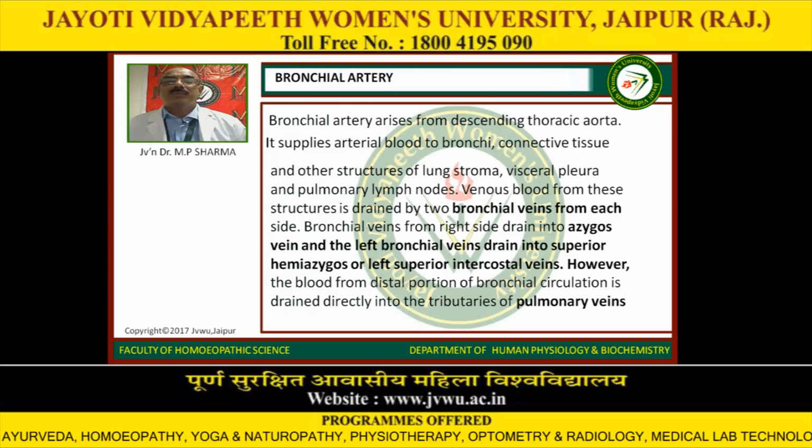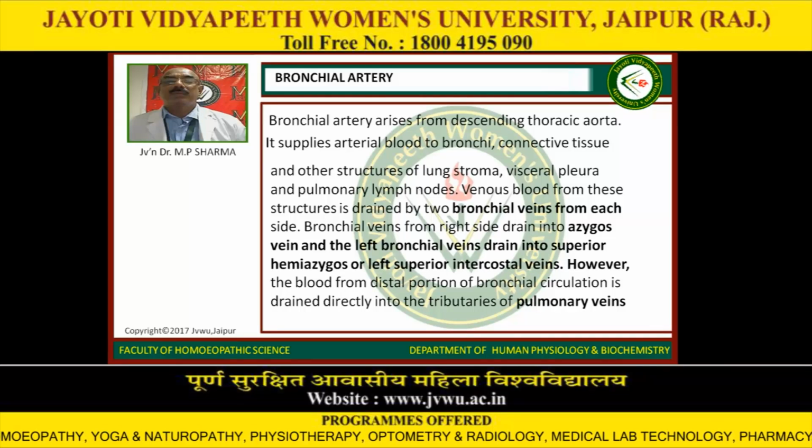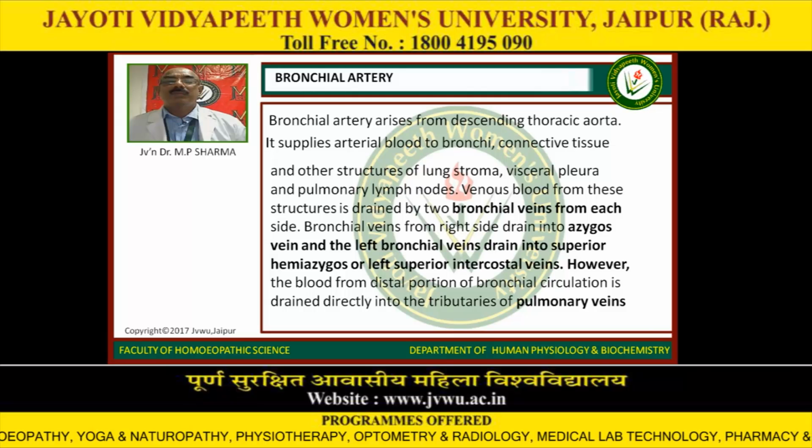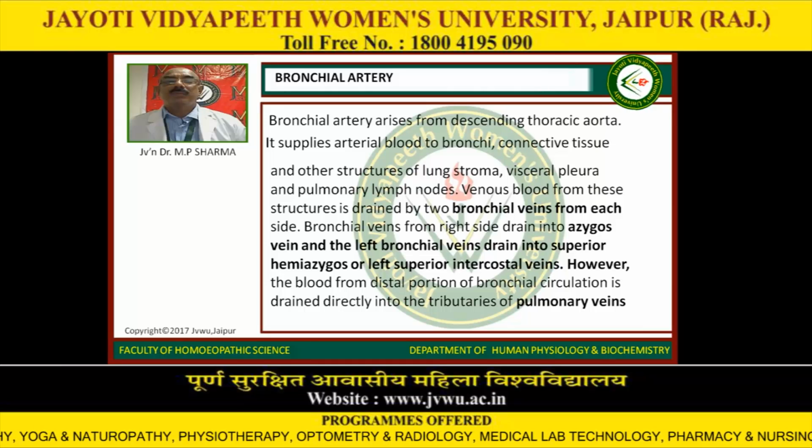Now, bronchial artery. Bronchial artery arises from the descending thoracic aorta. It supplies arterial blood to bronchi, connective tissue, and other structures of the lung stroma, visceral pleura, and pulmonary lymph nodes. Venous blood from these structures is drained by two bronchial veins from each side.